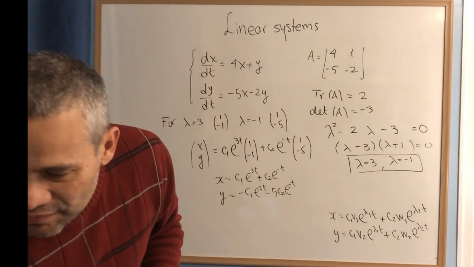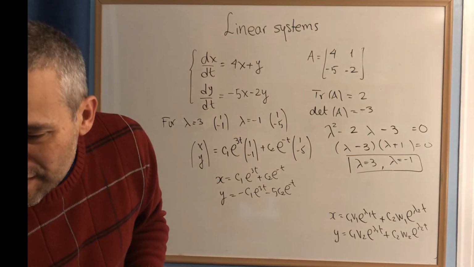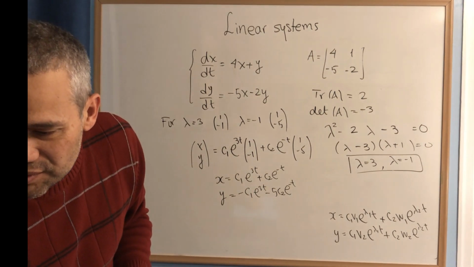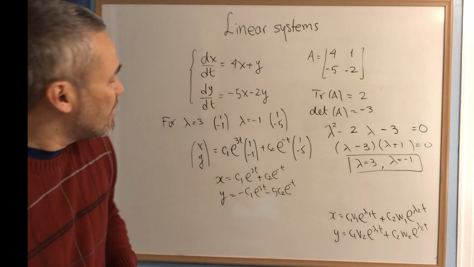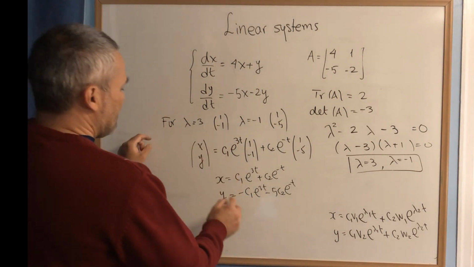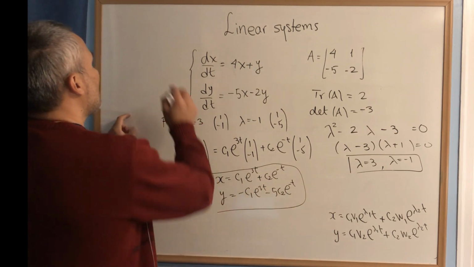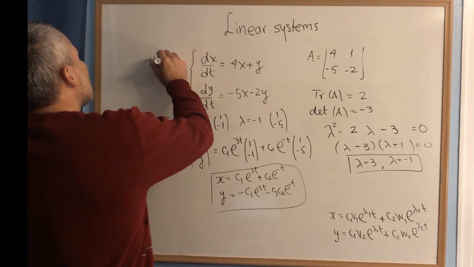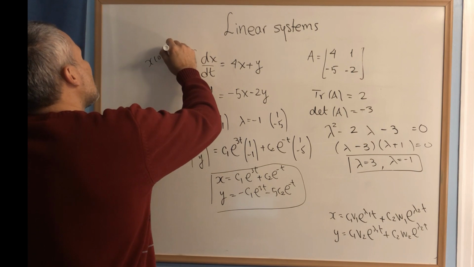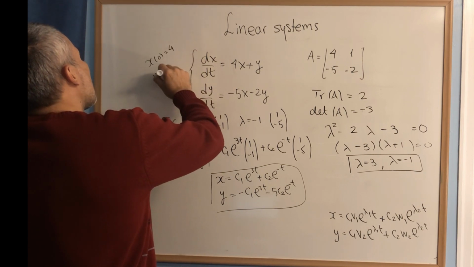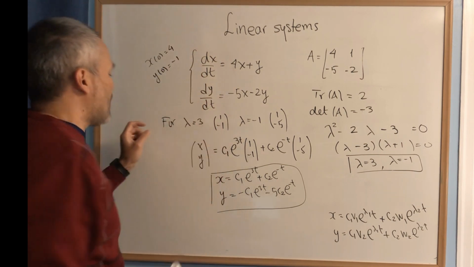What happens if we set up some initial conditions? Let's say I don't want the general solution, but I want to find the solution that satisfies x of 0 equal 4 and y of 0 equal -1.